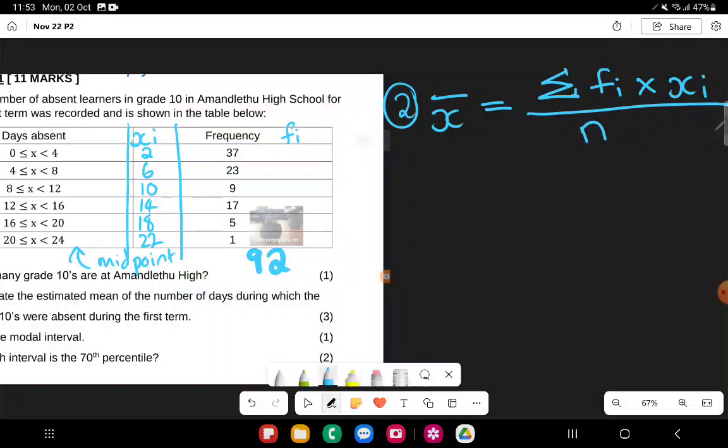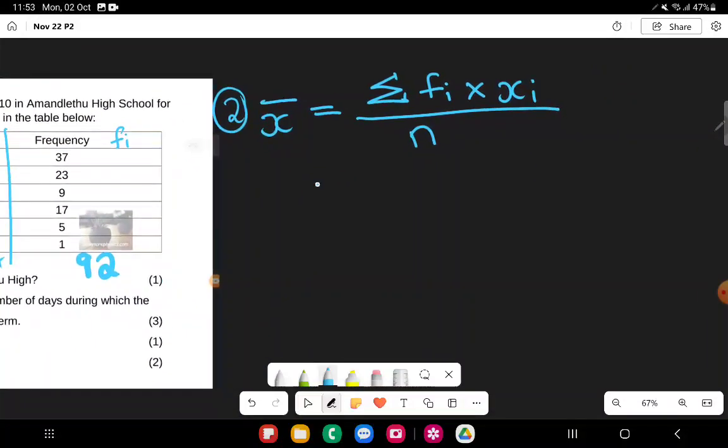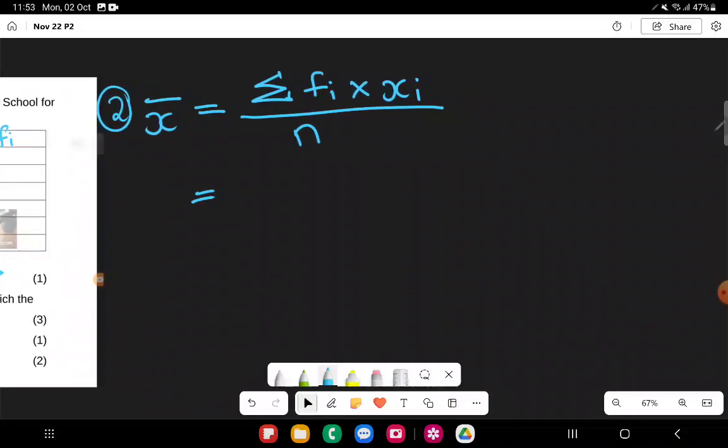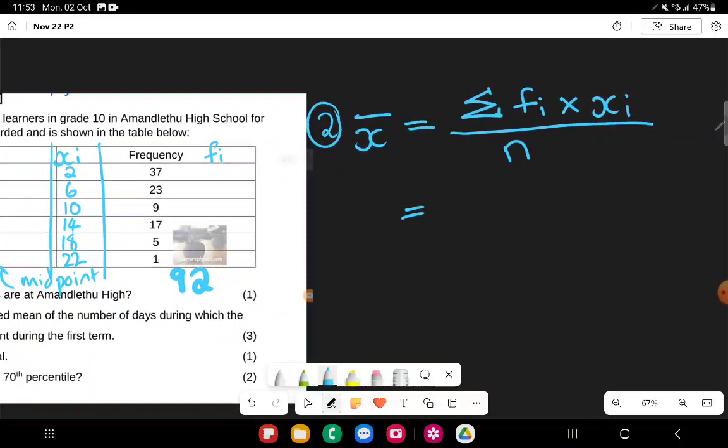This means that we are going to answer the question by writing down the following. If you look at our first one, we've got 37 and 2, so we put it in a bracket: 37 multiplied by 2, add. Now this plus refers to the sum concept.